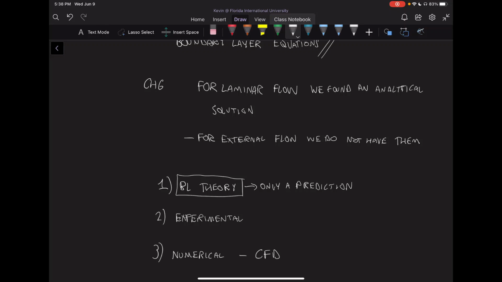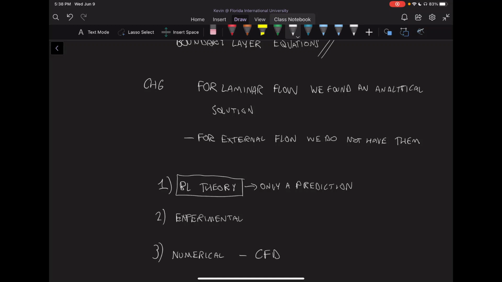Okay, so there's 3 different methods, and the method that we're going to develop in this class is a method based on our laminar flow boundary layer theory and our turbulent flow boundary layer theory also. Okay, so we're going to use that. But before we get started with using that, in your book, you have a derivation of how the boundary layer equations would work in terms of continuity and momentum.